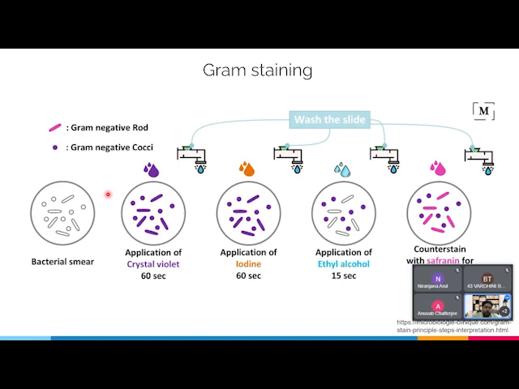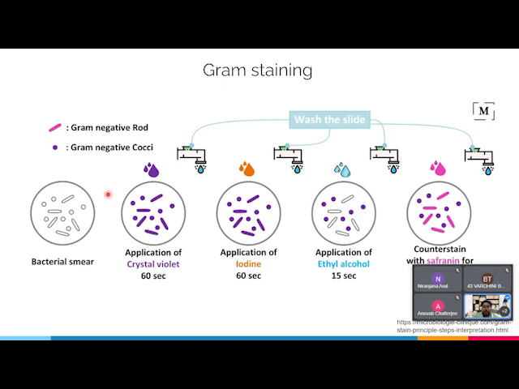So let us go through quickly what gram staining is. Way earlier, when microscopy was not very well evolved, scientists were looking for various ways to differentiate between types of bacteria or classify them into different subtypes.